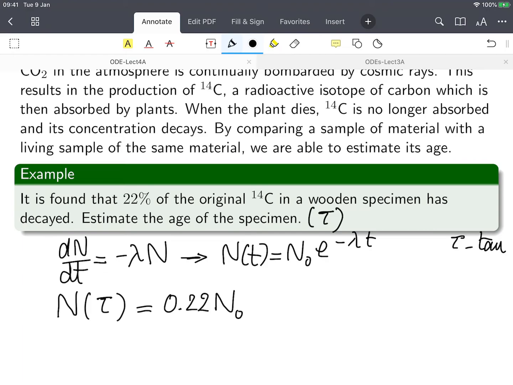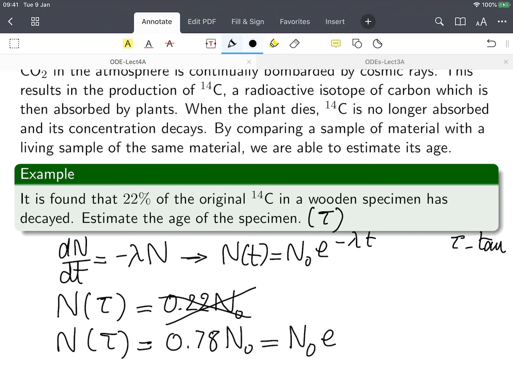What should it be? 78%. If 22% have disappeared, then there's only 78% of the original quantity. So I should write 0.78 N0, and that's N0 exponential minus lambda tau.